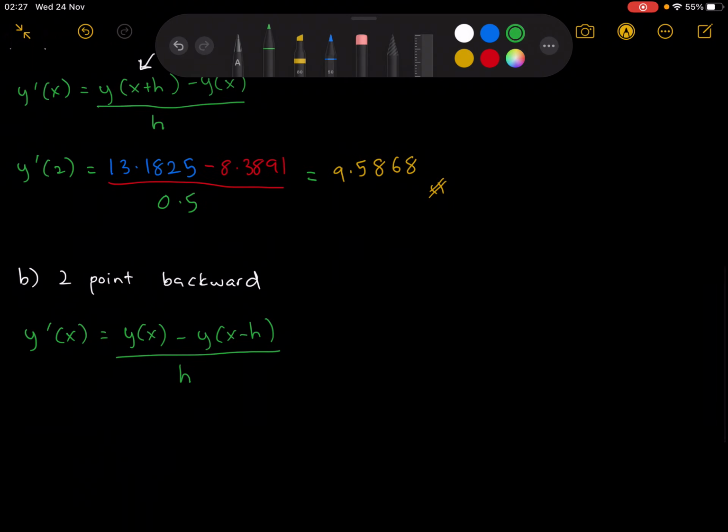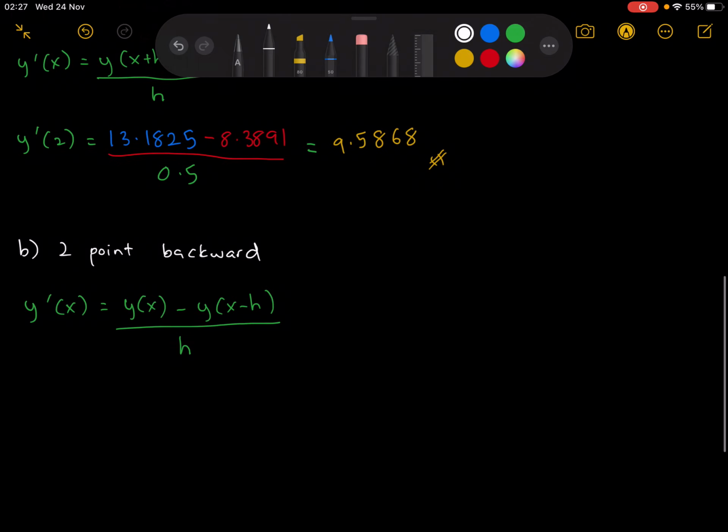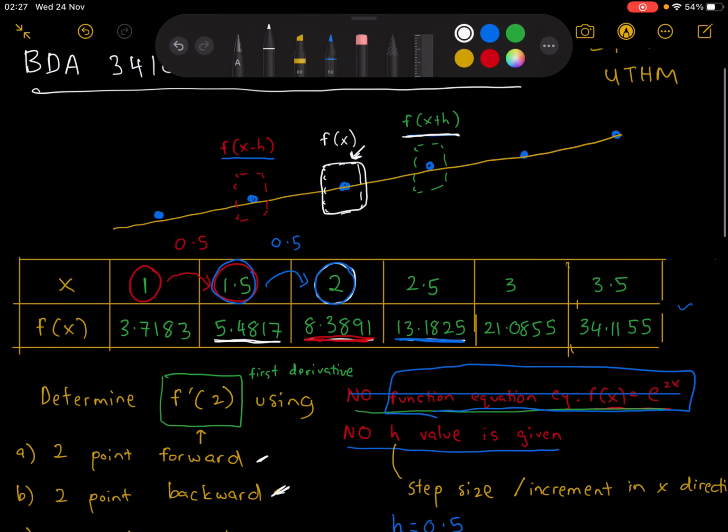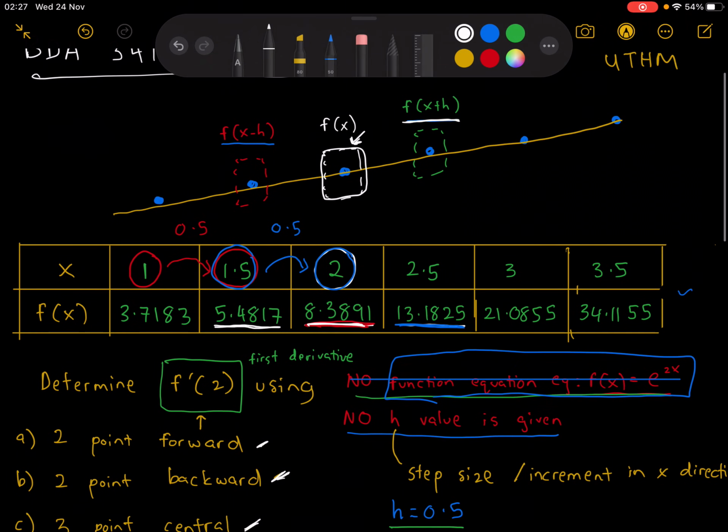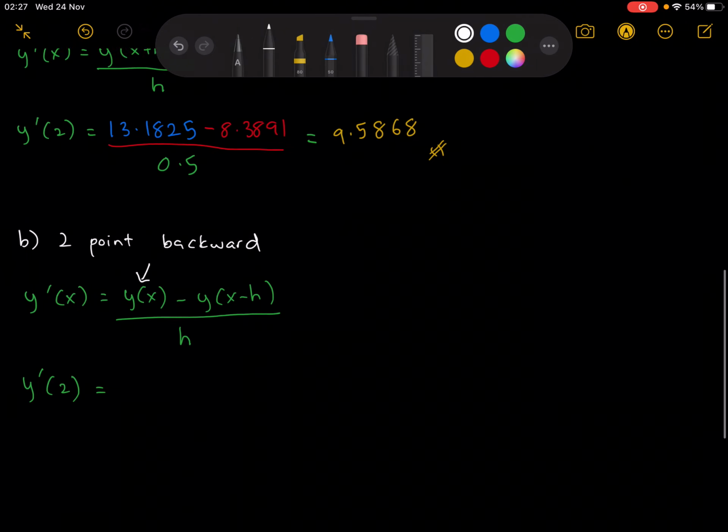Basically we need two values: the point of interest and the point before the point of interest, y(x-h). So y'(2) is equal to the value of y(x). This is our value of y(x), 8.3891.